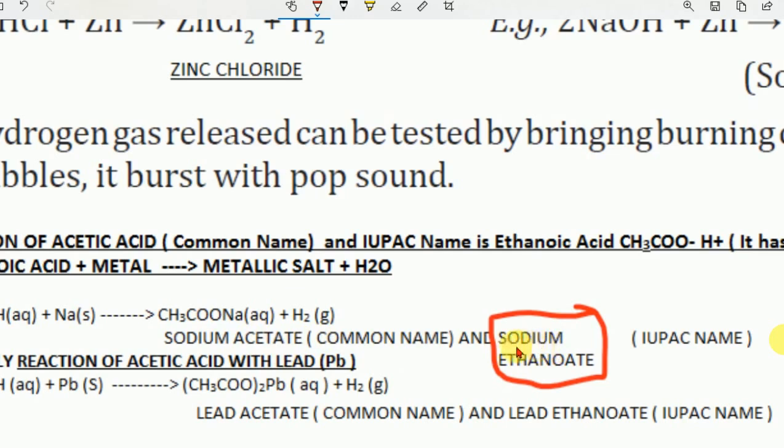As we discussed, it forms metallic salt plus hydrogen gas. So the salt is sodium acetate plus hydrogen gas. Okay. Now similarly, the reaction of acetic acid with lead is CH3COOH plus lead gives lead acetate or lead ethanoate, right, plus hydrogen gas.